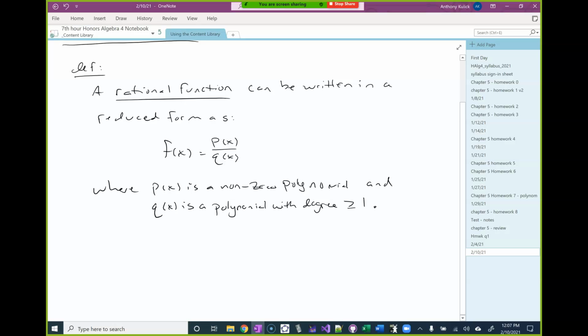So you have x's in the denominator always for rational functions. Is everybody okay with that idea? Okay. So it's basically just saying polynomial over polynomial, right? And we just discard these trivial situations that would just be something we've already talked about.